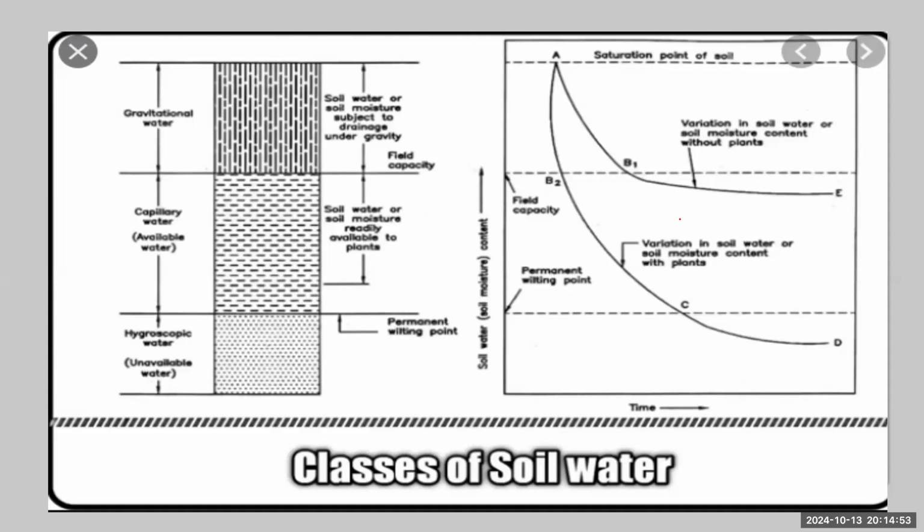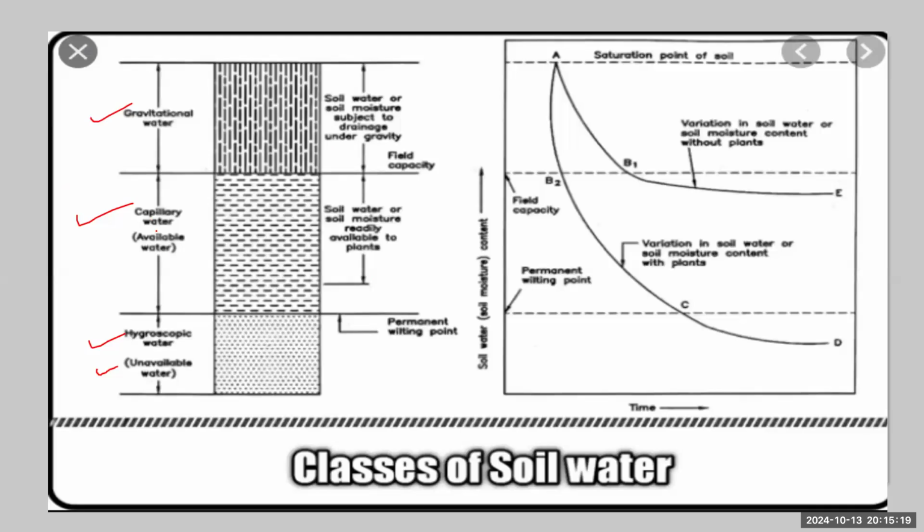Yesterday we also discussed the classes of soil water. See the left diagram. We discussed gravitational water, capillary water and hygroscopic water. Hygroscopic water is called unavailable water because it cannot be used by the plants.